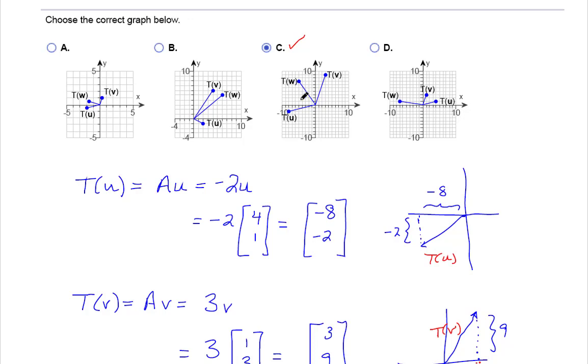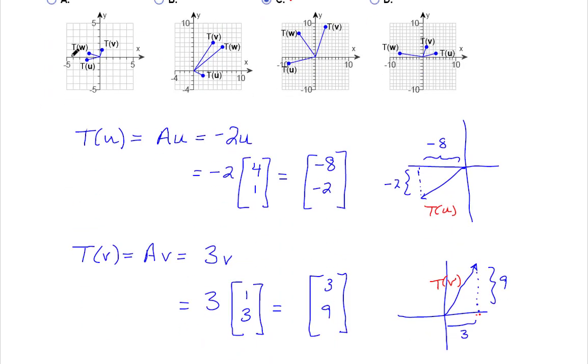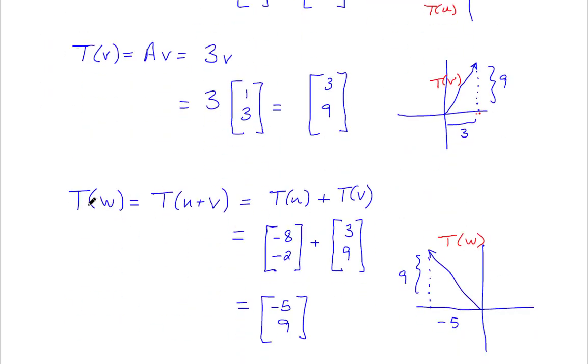What about T of w? What's w? Well, w is the sum of the two vectors. So let's see, T of w is T of the sum, but T of a sum is T of u plus T of v. Well, I know what T of u is. I know what T of v is.